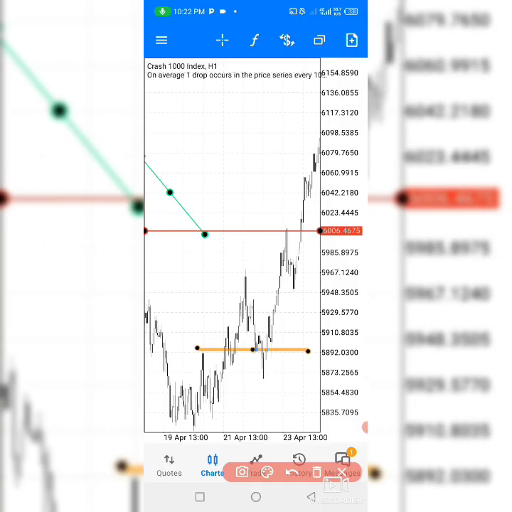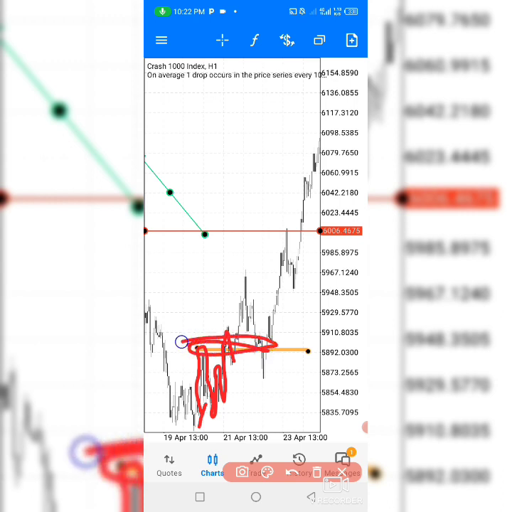You notice that the price moved from here and dropped as a wave. It creates a peak or a high and drops to a trough or a low, and jumps up again and drops, jumps and drops. Then this area was broken.